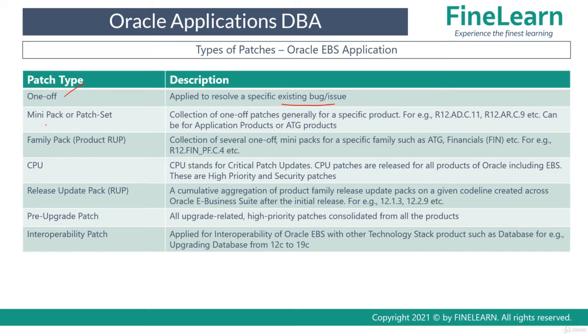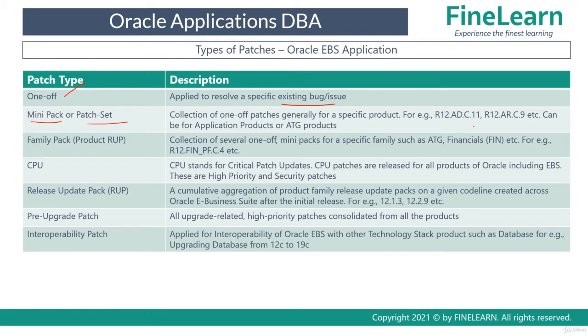And the next type of patch is a mini pack or patch set. Previously, long ago, it was called a mini pack, now it's called a patch set. A patch set is nothing but a combination of one or more one-off patches. And usually, most of the products have these patch sets released frequently.